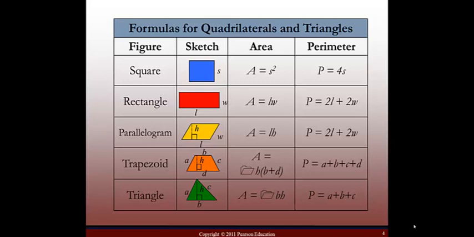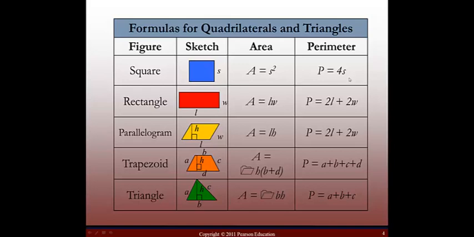Don't get overwhelmed by this and don't feel like you have to memorize these. Remember, you do get a cheat sheet for the final, so this is one of those things that's really nice to have on there if you are struggling with area problems. But just remember that area is everything inside and perimeter is all the way around the outside.